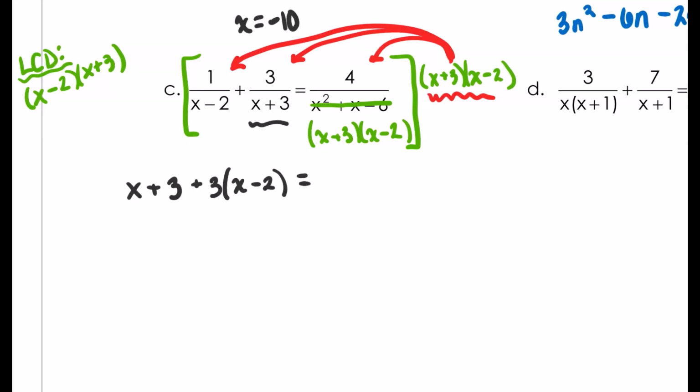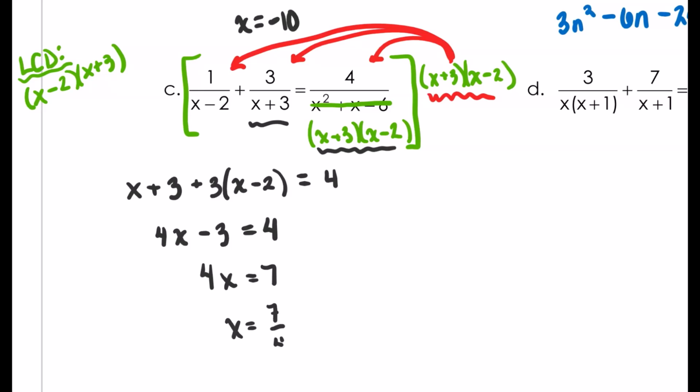And then the right-hand side, both factors divide out, and so I'm just left with 4. Again, collecting like terms and regrouping, notice that we get 4x minus 3 is equal to 4. Then I get 4x is equal to 7. And x is equal to 7/4.